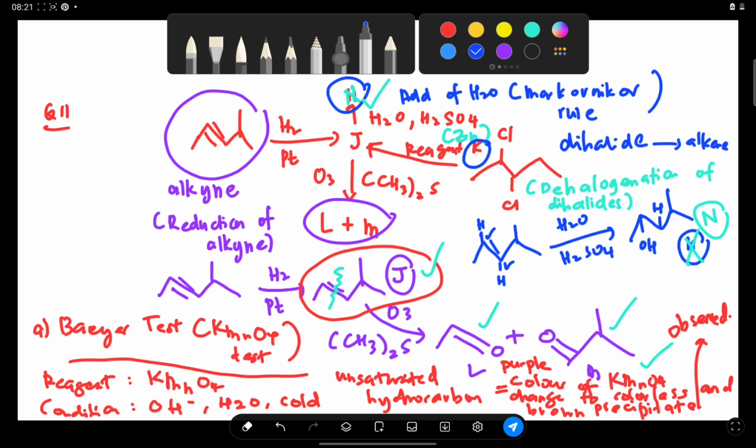Suggest a complete equation for combustion of compound J. Combustion means complete combustion, which will produce what? In complete combustion, normally a hydrocarbon reacts with oxygen to produce CO2 plus H2O.